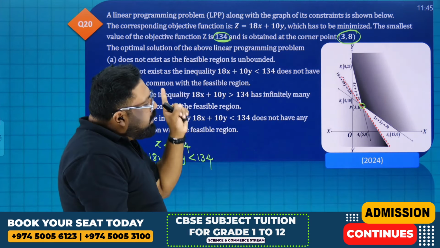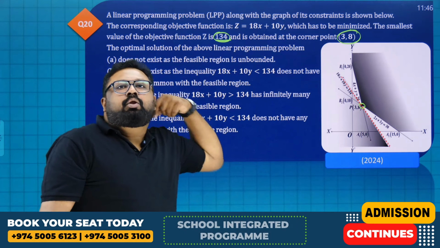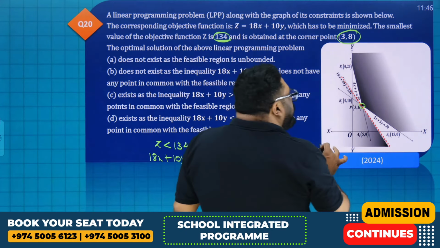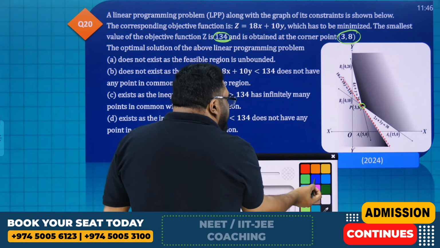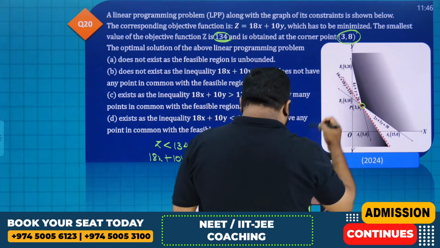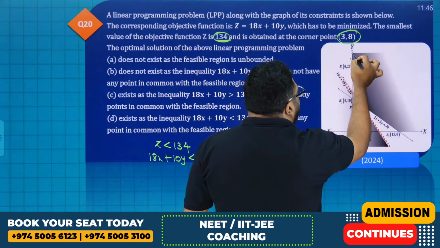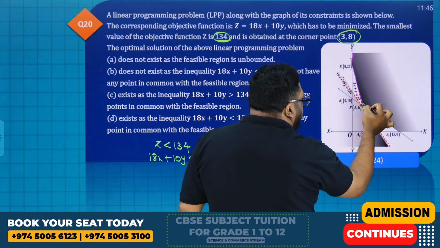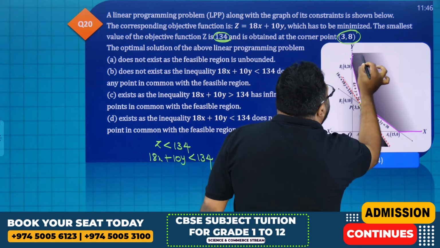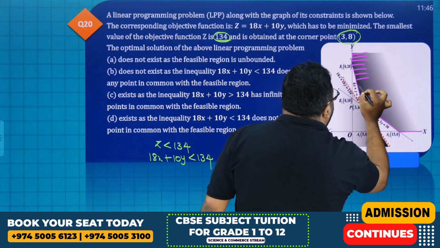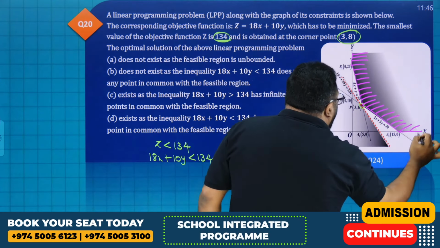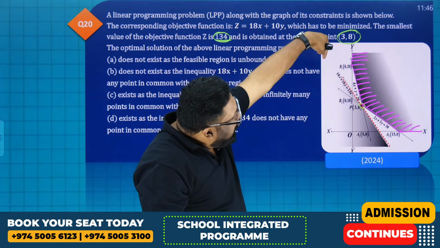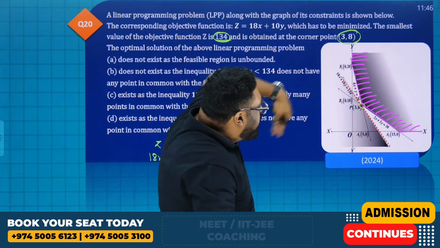Now, do you see that this dotted line does not pass through the feasible region? Our feasible region is here. Check it out. Our feasible region is occurring in this part. This is the place where we get our feasible region. It's properly shaded for us. And the shading for the new constraint is towards this side.